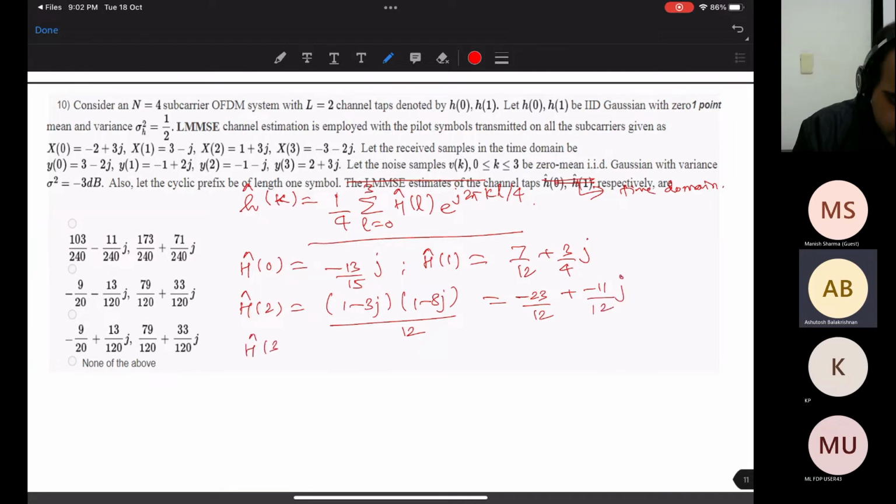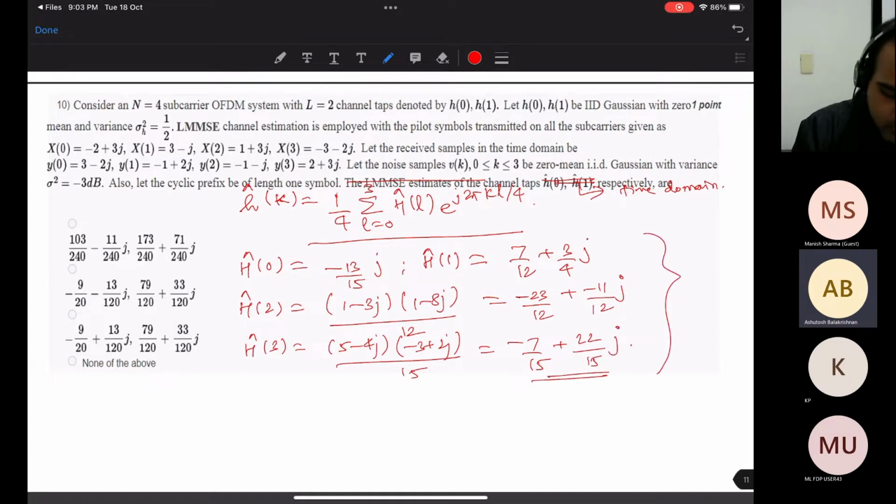Okay, and h hat 3 is basically 5 minus 4j minus 3 plus 2j by 15. This is minus 7 by 15 plus 22 by 15j.